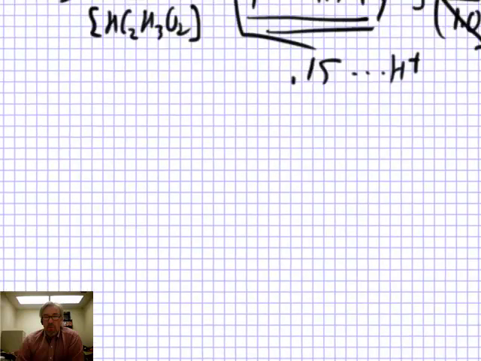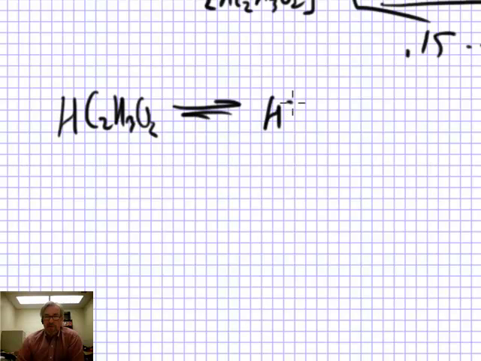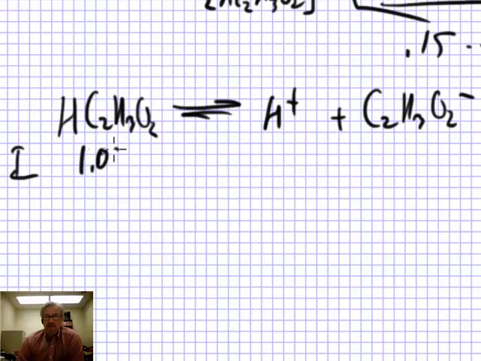Well, let's look at the equilibrium that's happening here when this buffer system is working. We've got HC2H3O2, the acid, in equilibrium with H plus ions and C2H3O2 minus. And this was created initially with 1.0 moles of acetic acid per liter and 1.0 moles per liter of acetate ion. And now we've added to this system 0.15 moles of H plus.